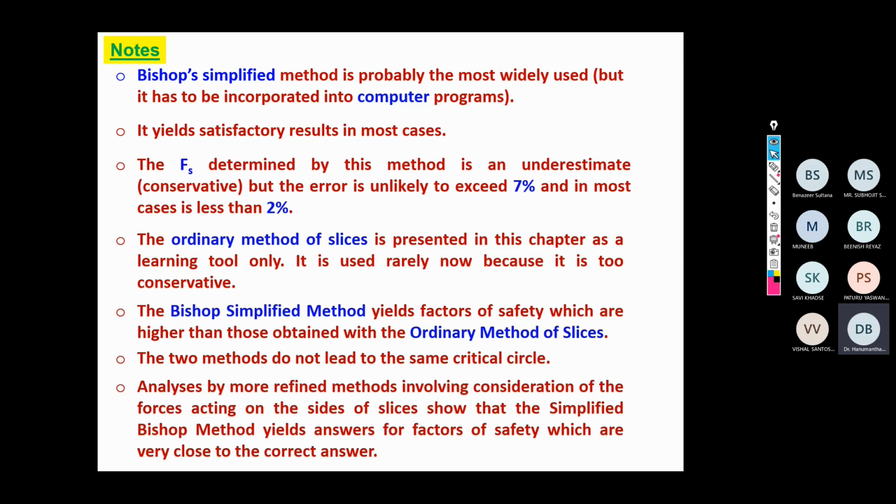After Bishop, people took a lot of time to develop the computer codes. So theoretical development was there. Bishop in the year 1955 proposed the modified method, revising the ordinary method of the slices. But till then the people kept on theoretically modifying the equations, incorporating the side forces of each slice.